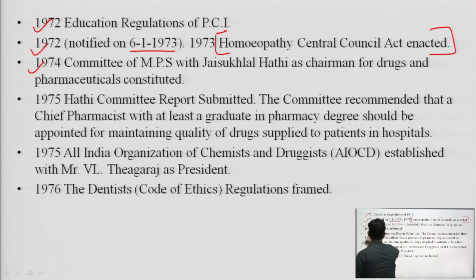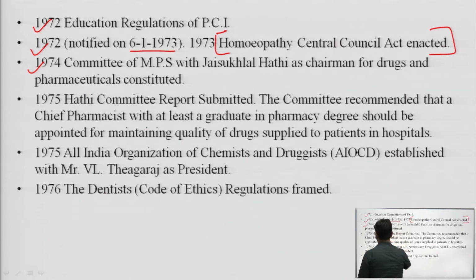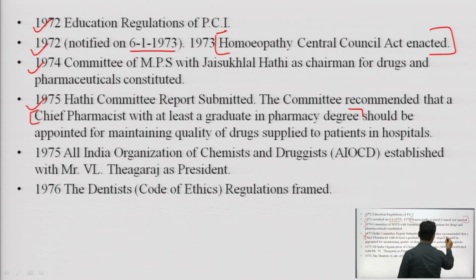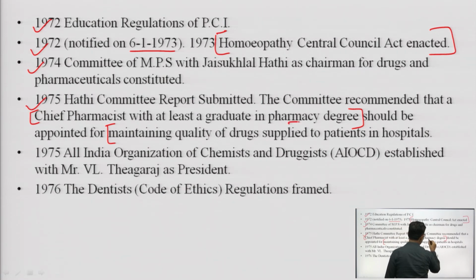In 1974, a committee with Jai Sukhlal Hathi as chairman for drugs and pharmaceuticals was constituted. In 1974, the Hathi Committee was constituted, and in 1975, the Hathi Committee report was submitted. The committee recommended that a chief pharmacist with at least a graduate degree in pharmacy should be appointed for maintaining the quality of drugs supplied to patients.